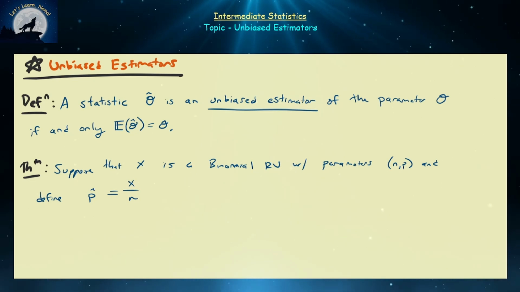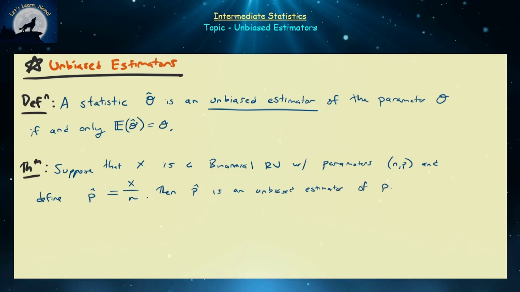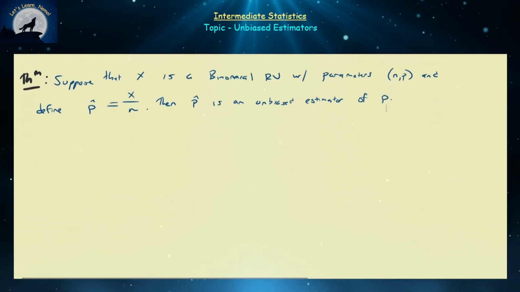Sometimes little n is referred to as the sample size. Then p hat is an unbiased estimator of p. If you want to just quickly take a few minutes to see if you can prove this on your own, feel free to do so. But the proof is actually very straightforward.